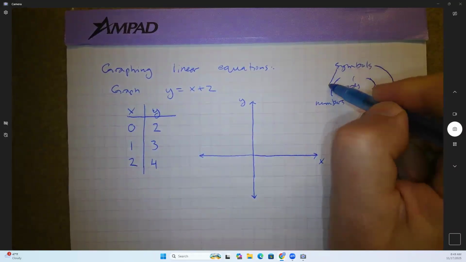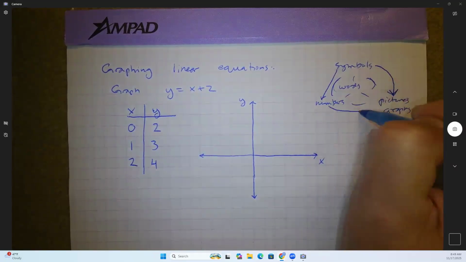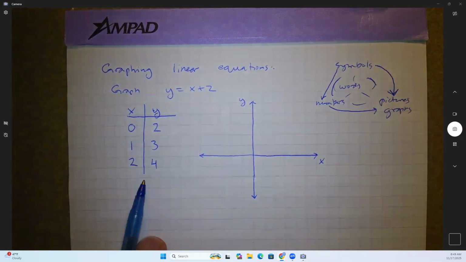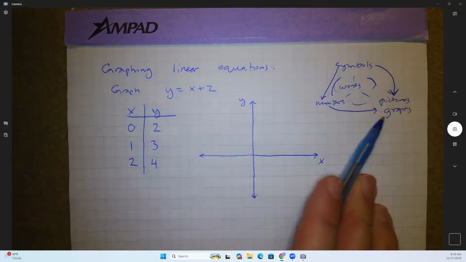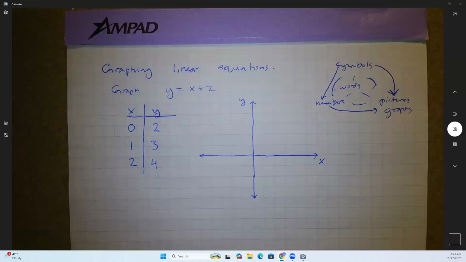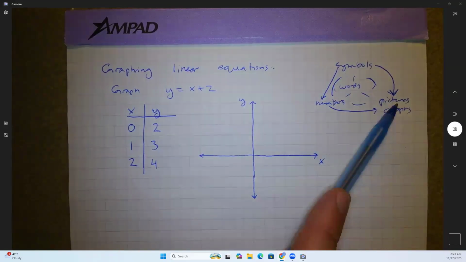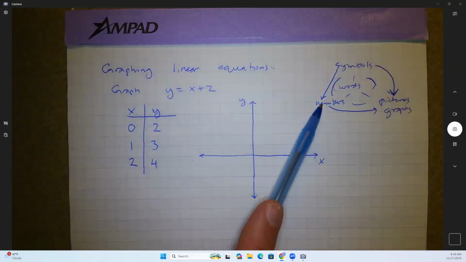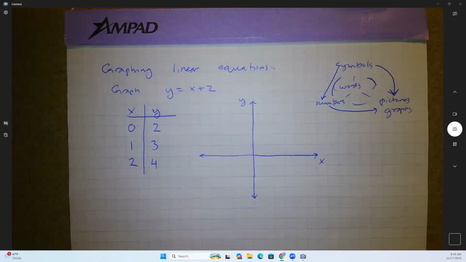But there's no reason why you can't first go to numbers and then go to graphs. That's the idea of using the table. So let's generate some numbers and build our graph from the numbers. And that's also your question with a squared, like, oh, how am I supposed to do that? You make a table first, right? Don't try to go directly from symbols to graphs. Go through the numbers first to give you some reference points.